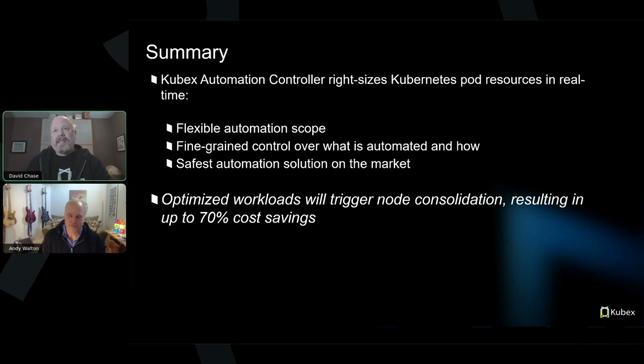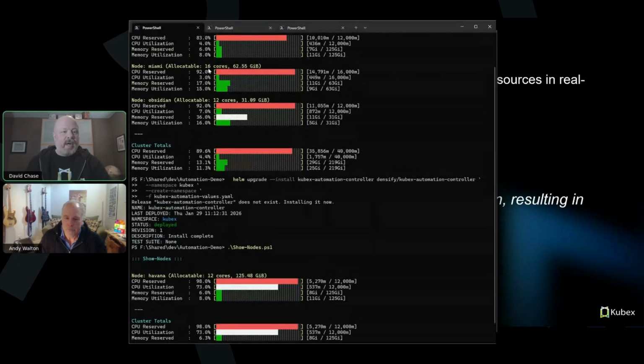Yeah, absolutely. Kubex complements Karpenter. So Karpenter is a very good product, very good node autoscaler. However, if your workloads aren't optimized, that's where you see these situations where you're requesting tons of resources, but you're not utilizing them. In this kind of situation, Karpenter will gladly scale out more nodes for you, throwing hardware at the problem, when really the underlying problem is your workloads are requesting way too many resources, far more than they're actually utilizing.